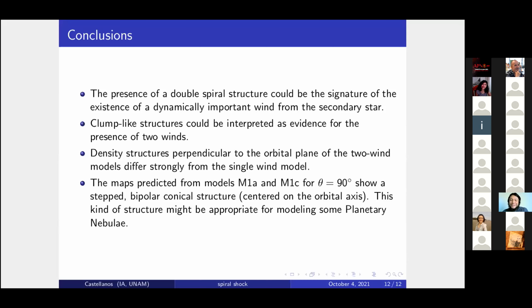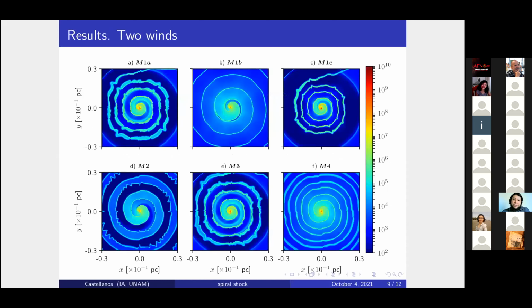I have a question. Yes. I was intrigued by the fact that the strength of those instabilities were different. Could you just remind me? I didn't quite catch what controlled whether or not the instabilities were forming. Yeah, well, for example, the models M1A, M1C, and M3 are the cases where the velocities are different between the two winds.